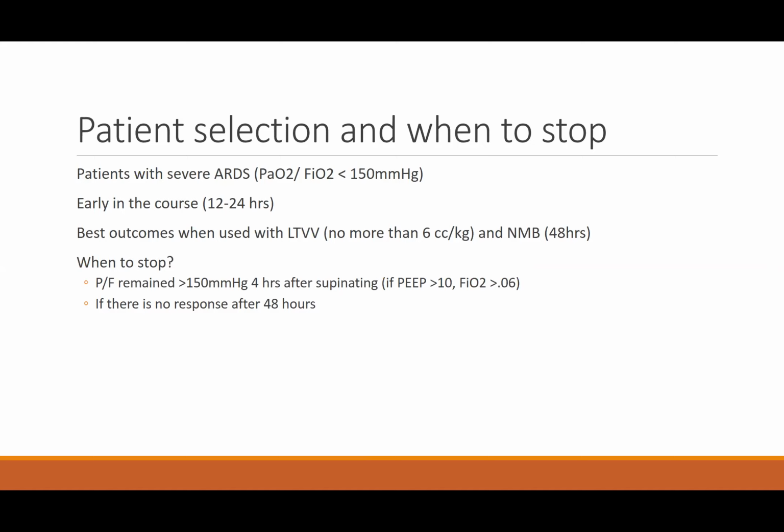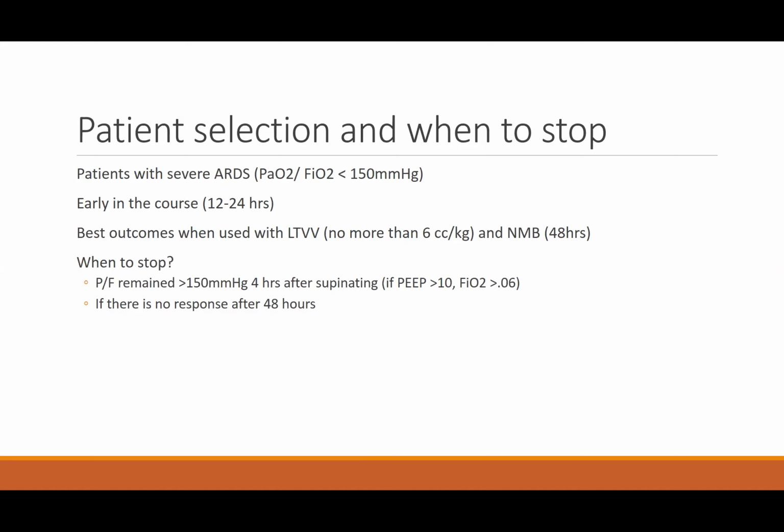What the literature says, and this can be difficult to implement in the clinical setting, is that patients are not benefiting from proning if they have had absolutely no response after 48 hours, no change in their clinical status. That indicates this therapy is not effective for them.